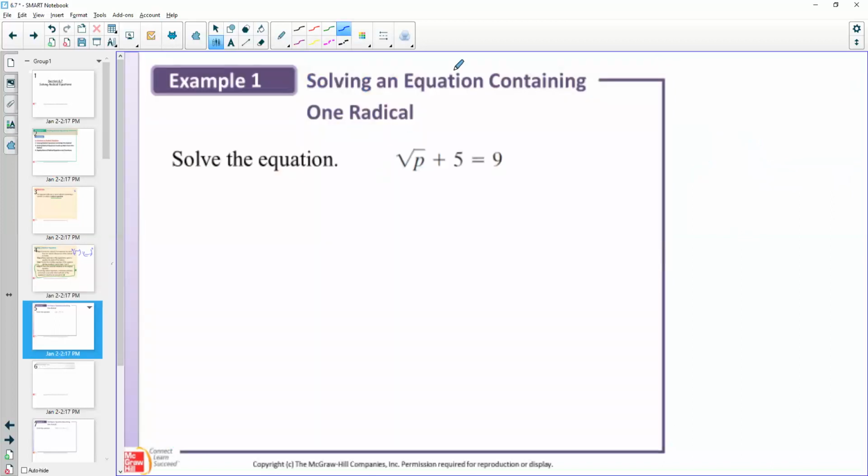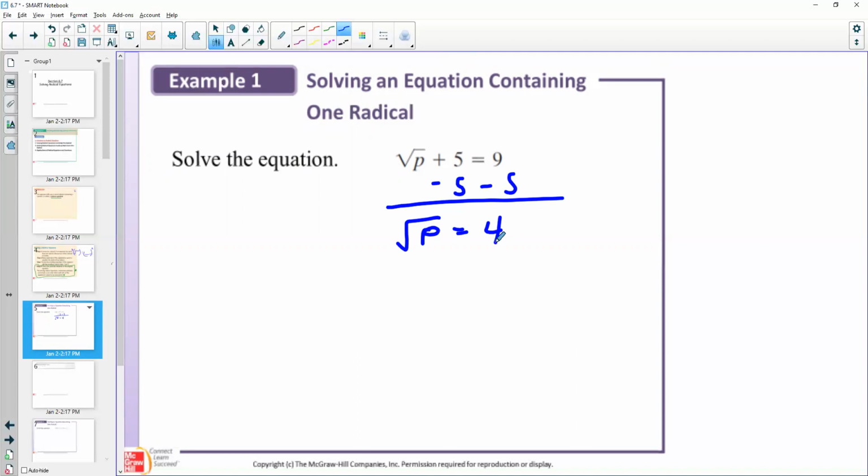So let's start with this one. This one says radical p plus 5 equals 9. Well, the first step is isolate the radical. That means I want the radical on one side, all the other stuff on the other. So I got radical p equals 4. The next step was to raise both sides to the power equal to the index of the radical.